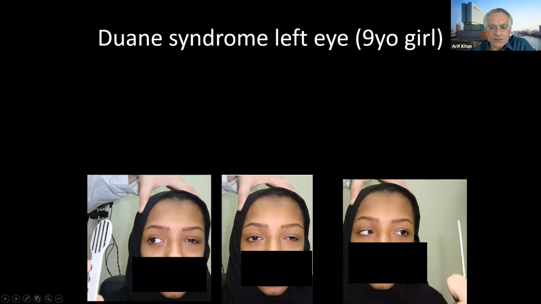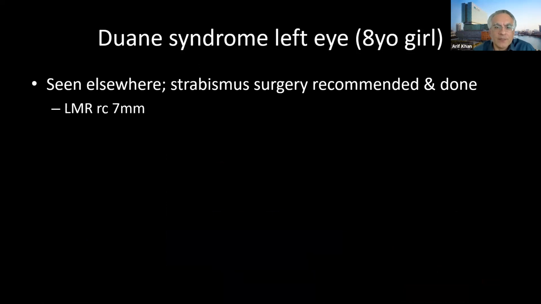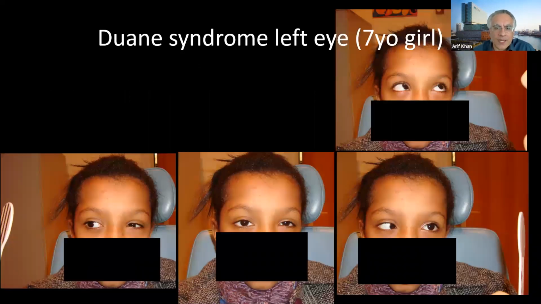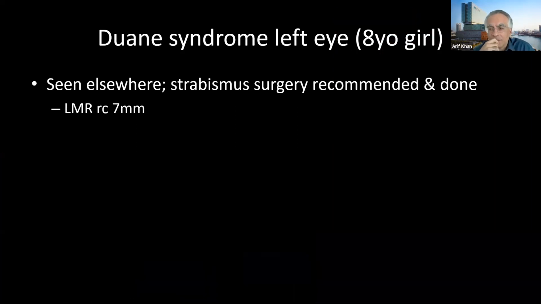And this way is fine because the lateral rectus, although it's a little bit limited, is working. So this is something that should never be done. When you have a patient with Duane syndrome and significant co-contraction, you have to be very careful about recessing the medial rectus in that eye.